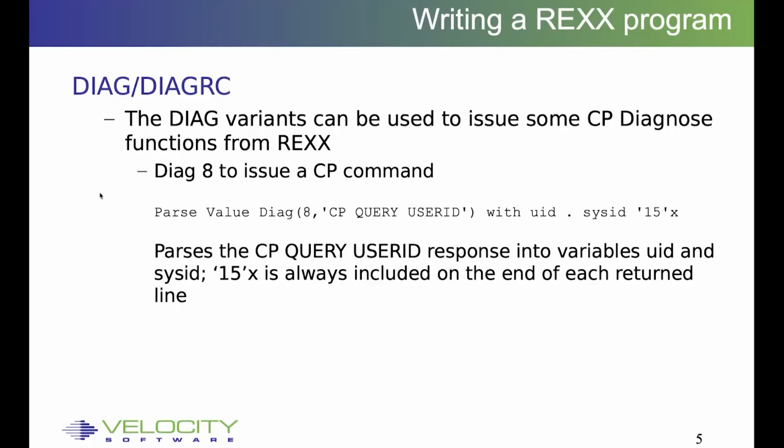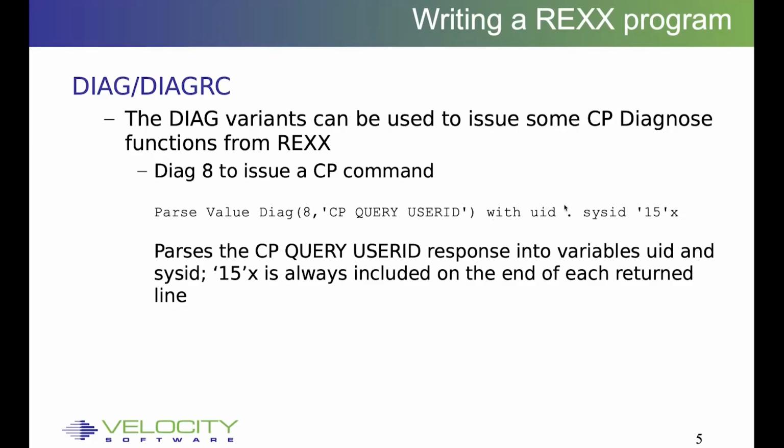So in this parse statement, we are going to run this diag8 function with the text CP query user ID. So this is the CP command that we're going to issue. And when the response is returned, the parse command will parse out the user ID and the system ID from the response of the command.